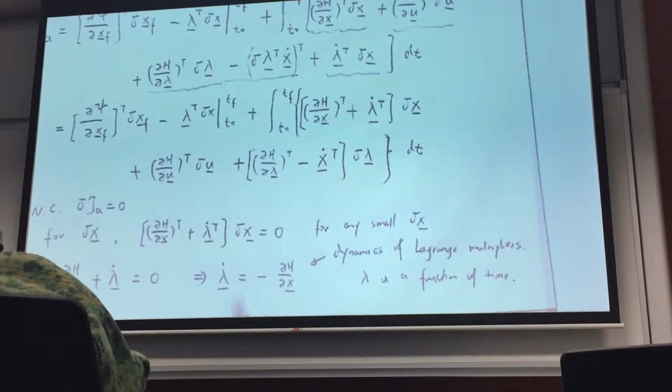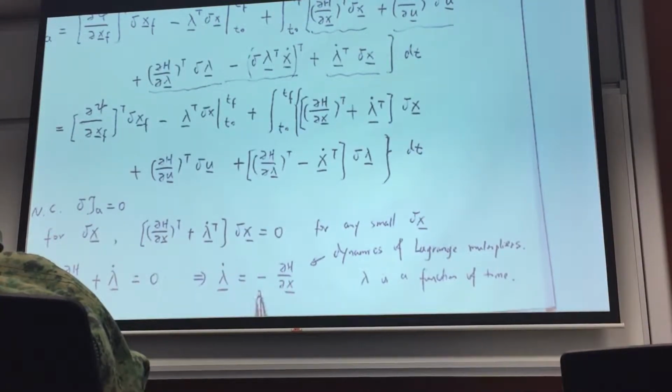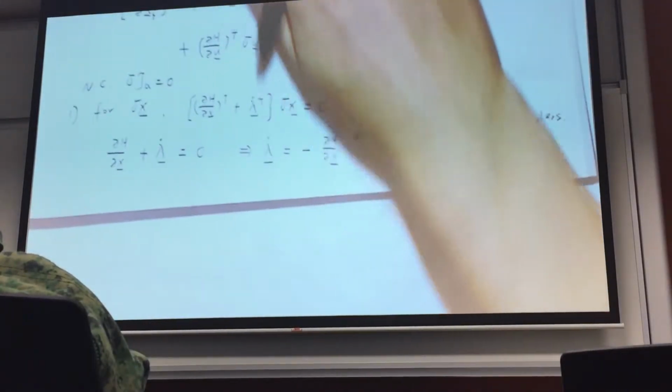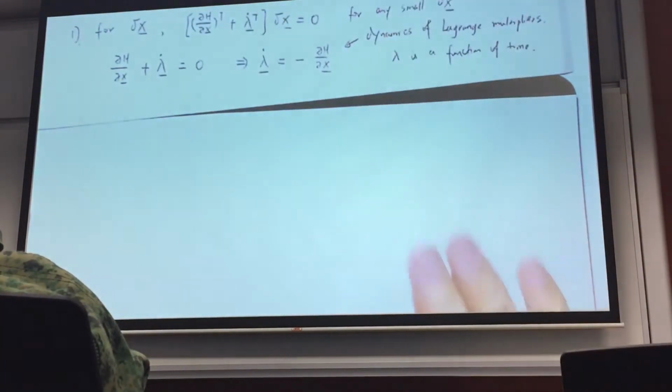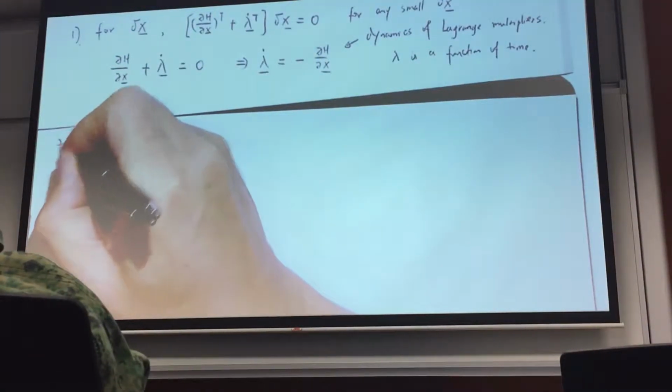So the lambda got its own dynamics, and the dynamics of lambda is given by this minus dH dx. So this is the condition for delta x.